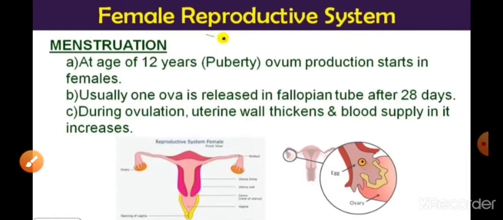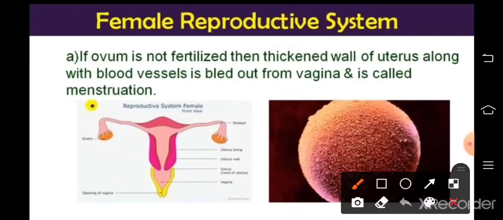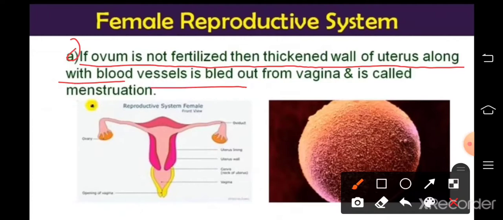So you can see from here, this is the egg and this is the ovary. If the ovum is not fertilized, then the thickened wall of the uterus along with blood vessels is bled out from the vagina, and this is called menstruation.